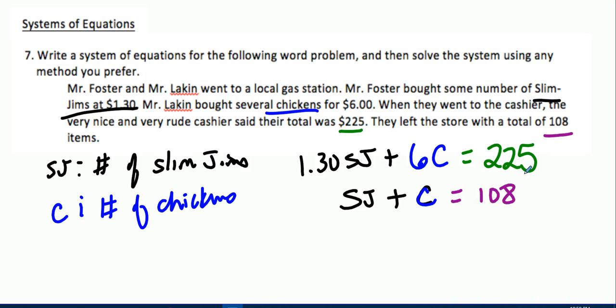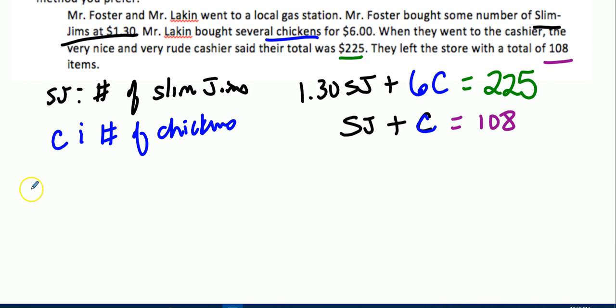And there's my setup. And once I have my setup, then I'm home free and I can actually start solving this. So let me rewrite this part in black now.